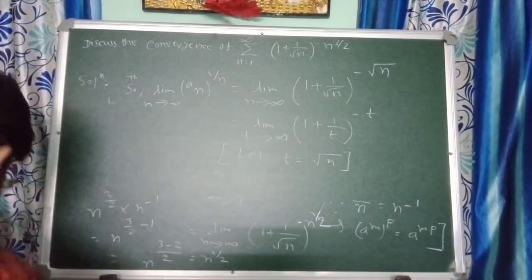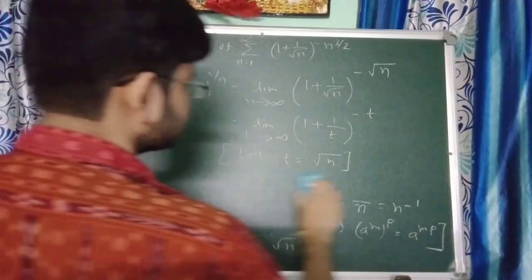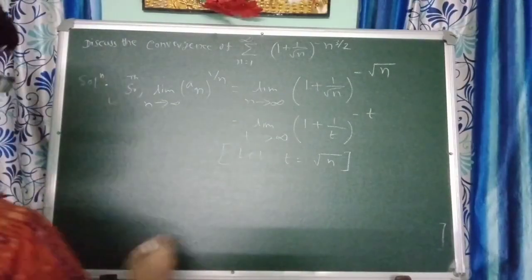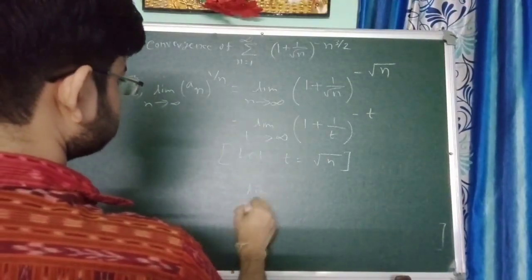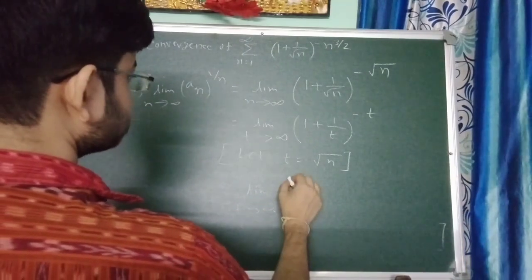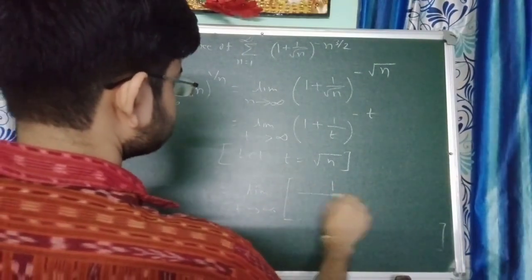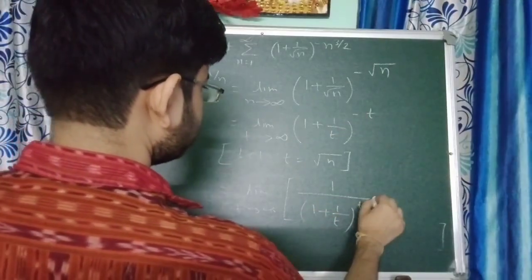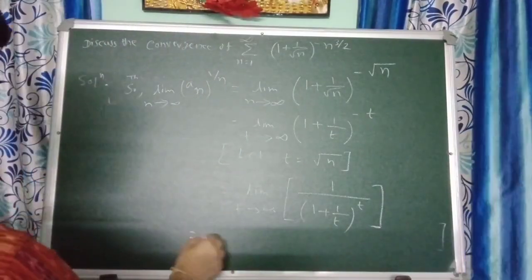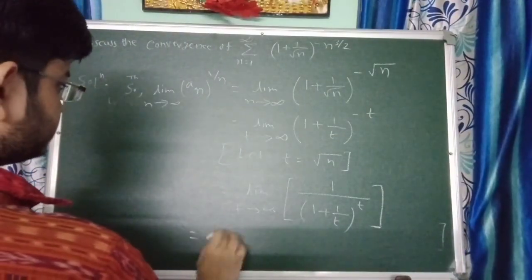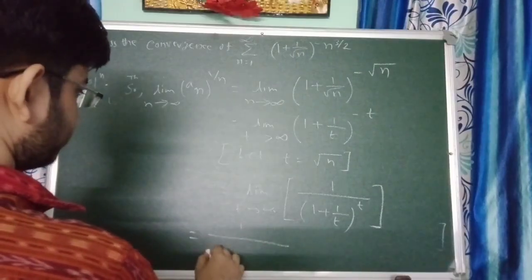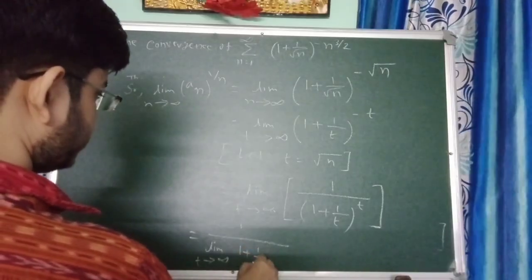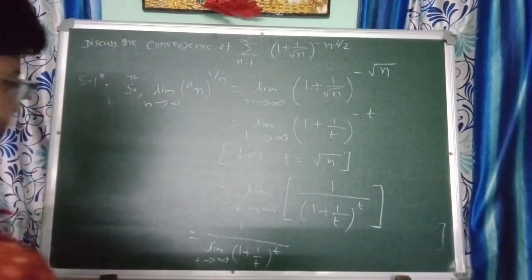This is the expression. This expression also can be written as 1 divided by (1 plus 1 by t) to the power t. Now taking limit, we get 1 divided by limit t tending to infinity (1 plus 1 by t) to the power t.